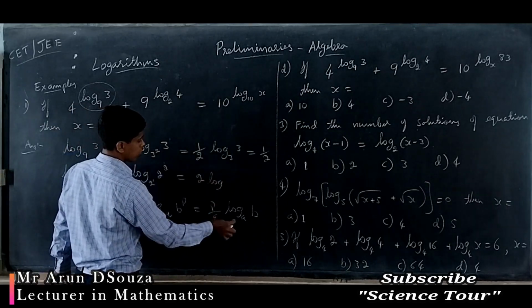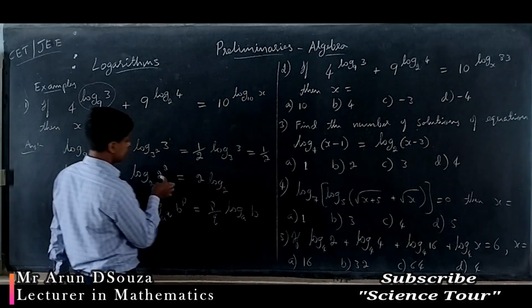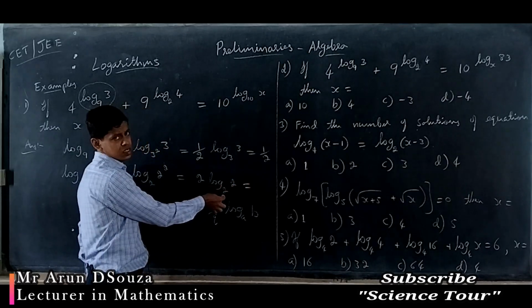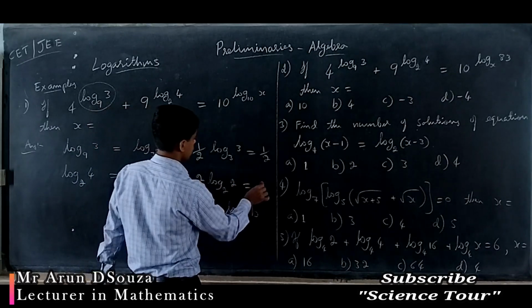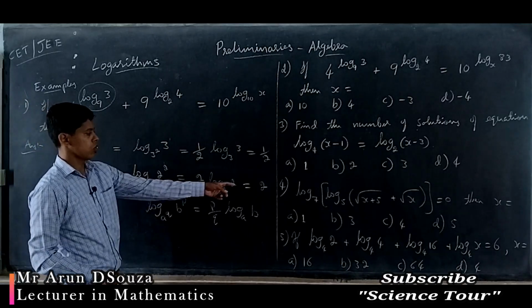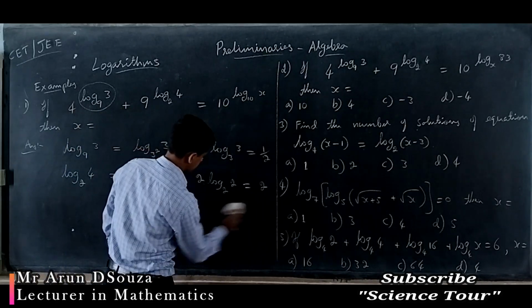And then log, what remains is a, that is 2, and b is 2 again. Now again log 2 to the base 2 is 1, therefore only 2 remains. I hope you understood that. Log a to the base a I have written already.